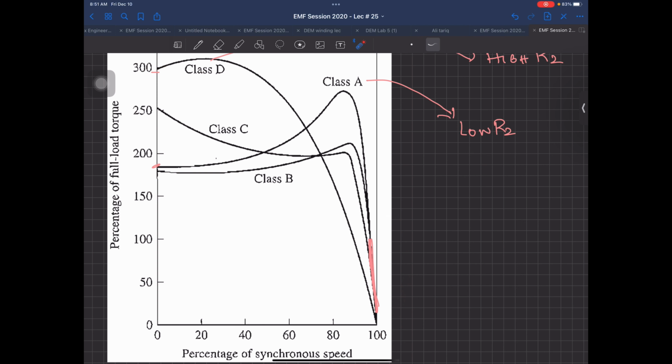When the machine is starting from rest, your slip is equal to 1. So when slip is equal to 1, X2 is equal to 2 pi f L2.